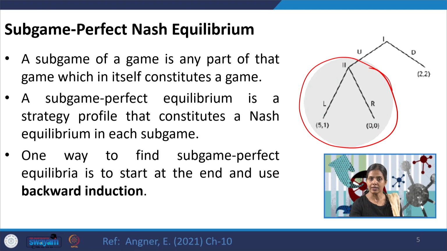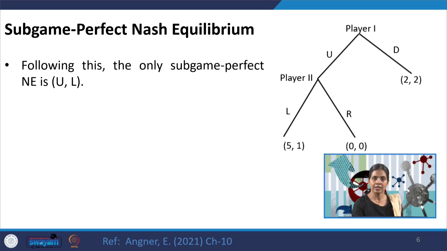One way to find subgame-perfect Nash equilibria, which we in short call SPNE, is to start at the end and use backward induction. The method I just explained is basically the method of backward induction. Following this, the only subgame-perfect Nash equilibrium is UL, that is (5, 1), that we have already discussed.